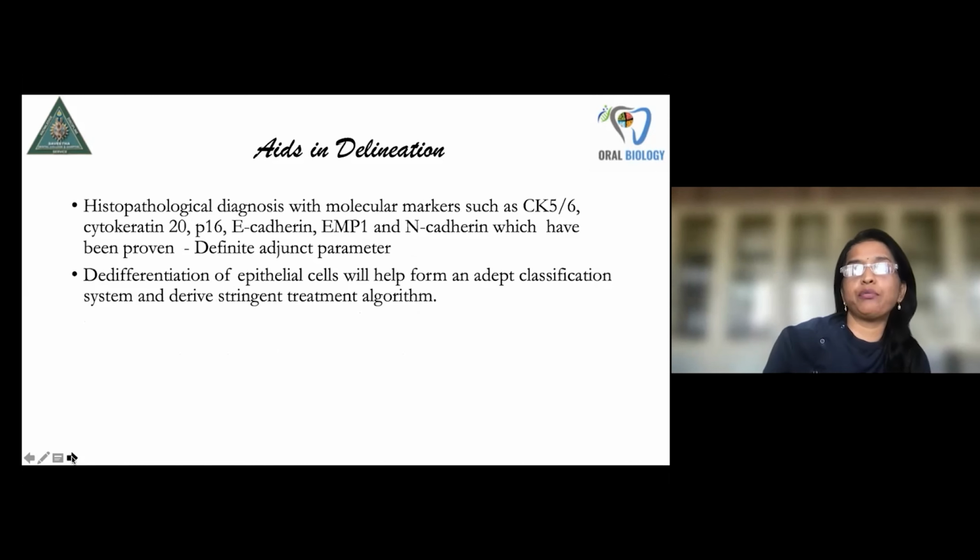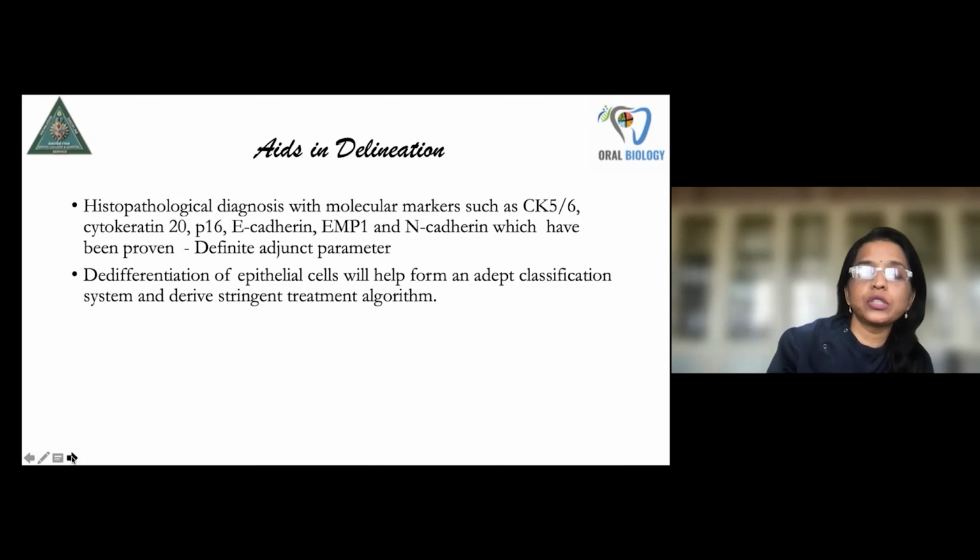So definitely from now, if a grading system is going to be proposed by the WHO, they have to take cues or add a molecular marker which will identify that demarcation, or clearly identify the differences.